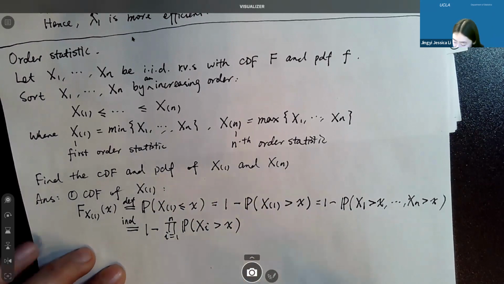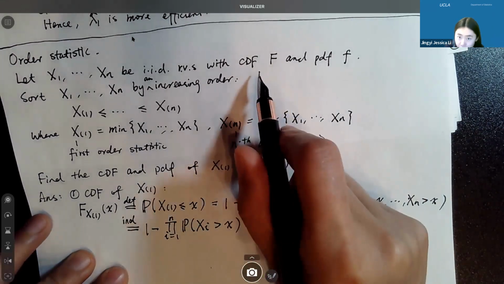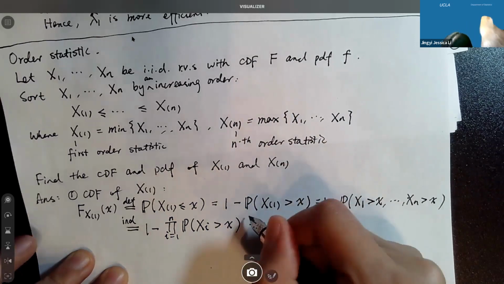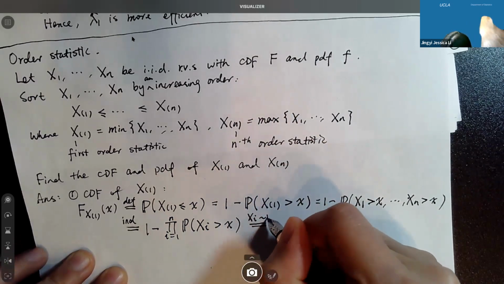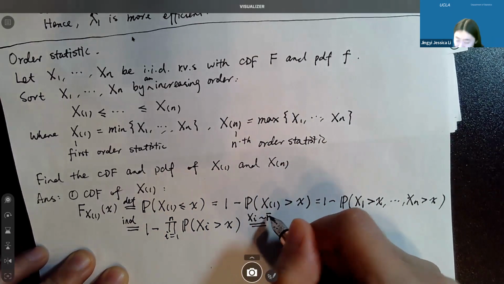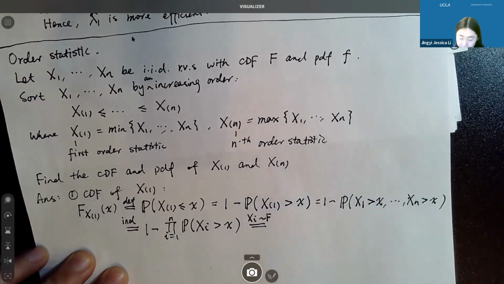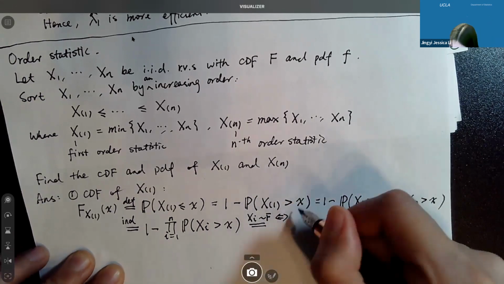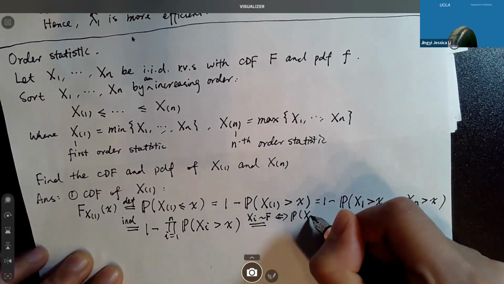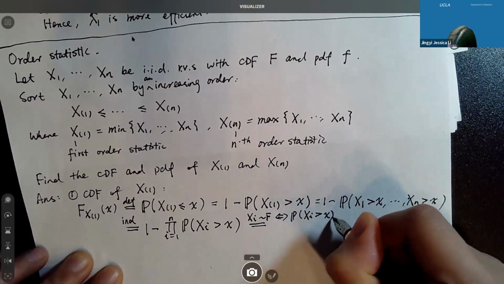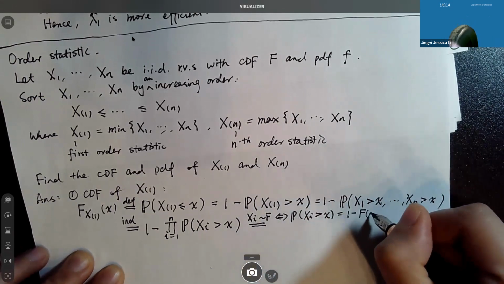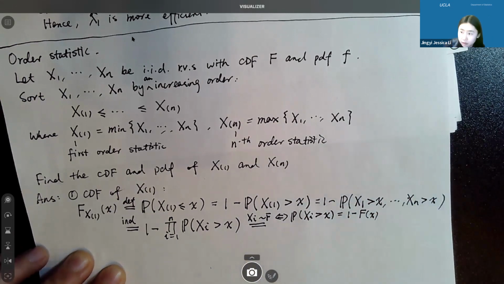And now we know each X_i follows CDF F. What does this imply? This implies that the probability that X_i is larger than small x is just equal to 1 minus F(x), okay?